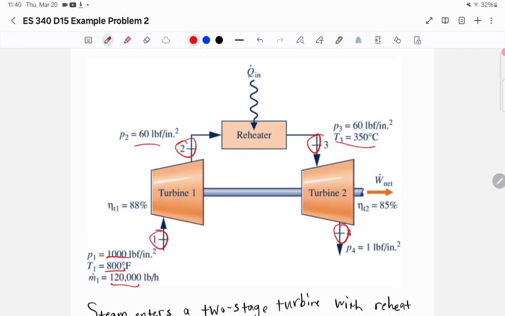So up here, it's asking what's the net work that was developed here, and what is this heat transfer into the reheater value.